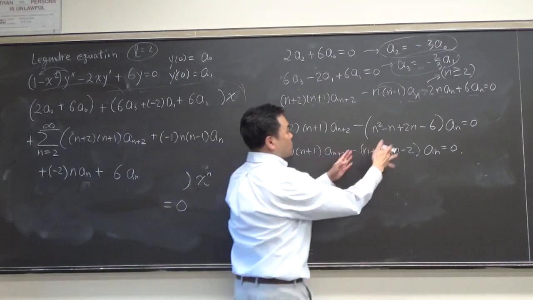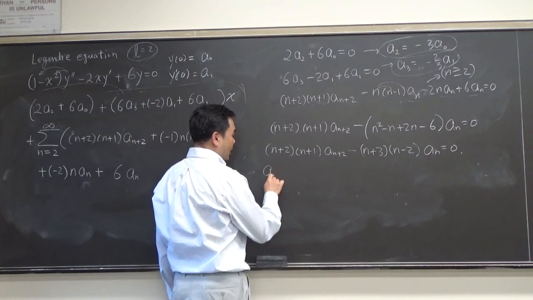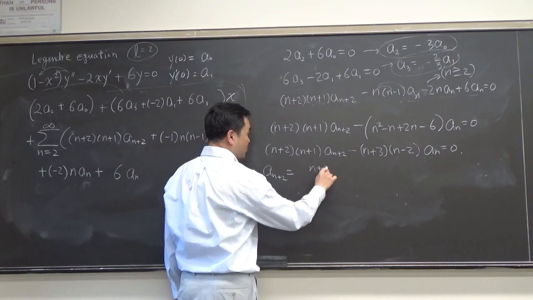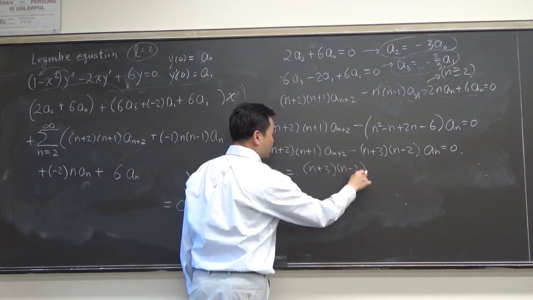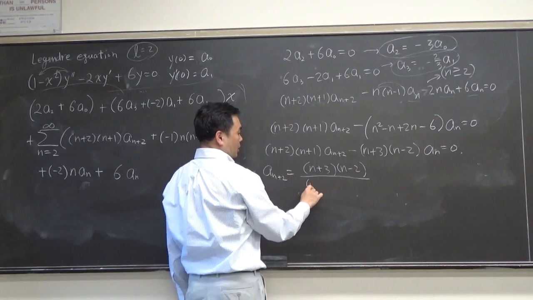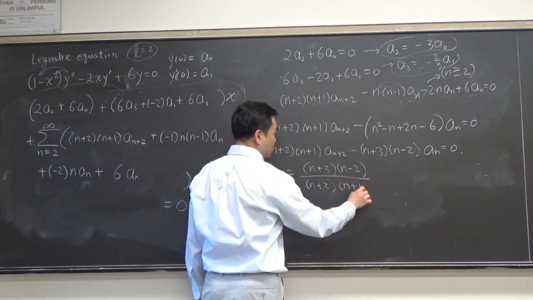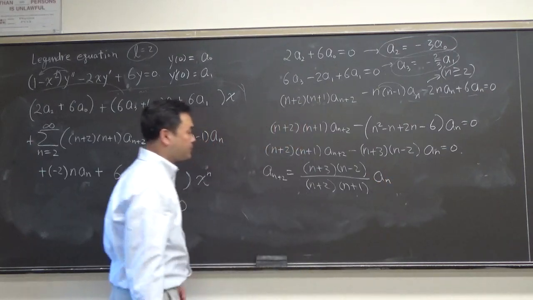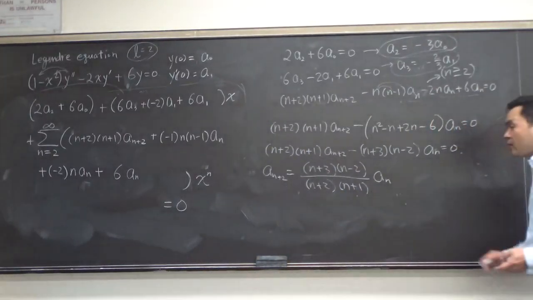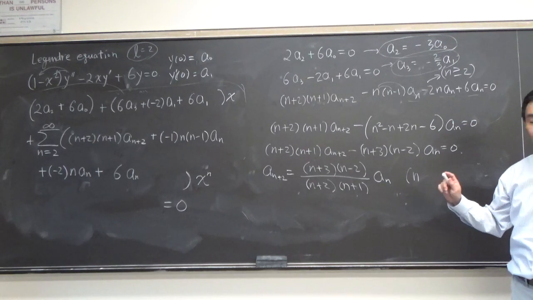So now you can move this to the other side and divide by (n+2)(n+1) to get a_{n+2} equal to (n+3)(n-2) over (n+2)(n+1) times a_n. And this is valid for n greater or equal to 2.